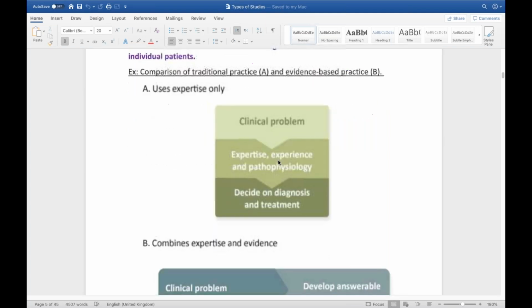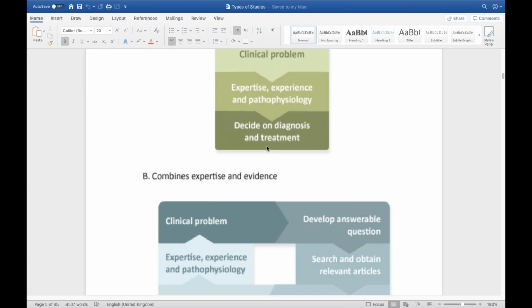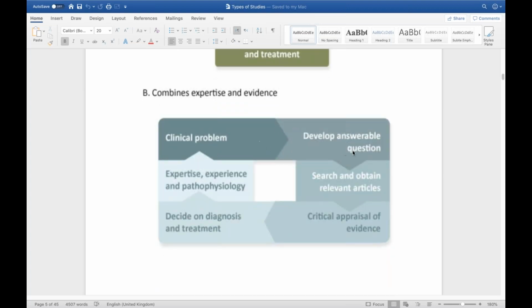In the past, if there was a clinical problem, you just used your experience and you decided. But now, when there is a clinical problem, you have to develop an answerable question, search the evidence, critically appraise the evidence and decide the diagnosis and management.